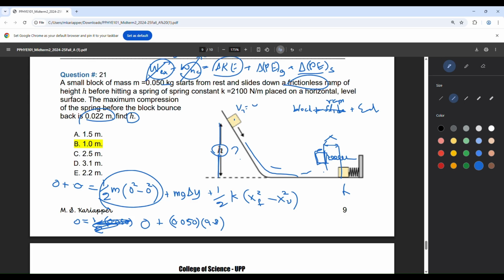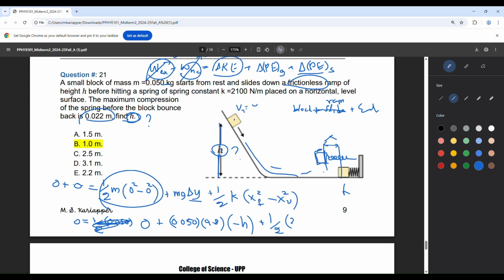Delta y is this h, right, which is the question: find the h. So h is the magnitude of delta y, but I better put the negative h. Since it is going down, it will be negative of h. Delta y will be negative h plus half.